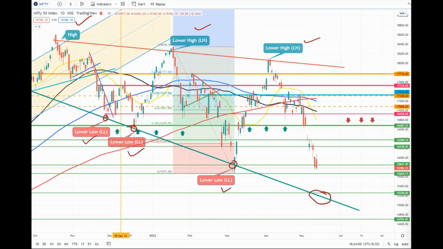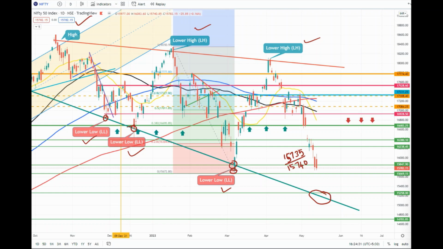And there is another school of thought where we would be compelled to see a double bottom, where this is one bottom and this is both the candles. If you look at it, lowest made is 15,735 and 15,740.